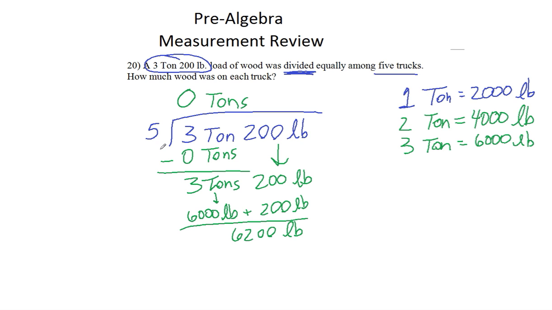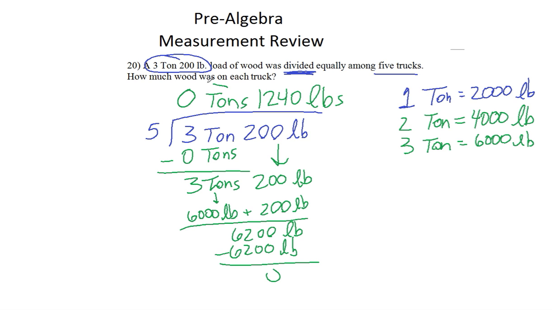Okay, so you can reach out, grab that calculator if you need to. That's what I'm going to do. And when I do that, 6,200 divided by 5, the calculator tells me it's 1,240. And that would be your pounds. 1,240 times 5 would give you 6,200. Worked out perfectly. No remainder, nothing left over.